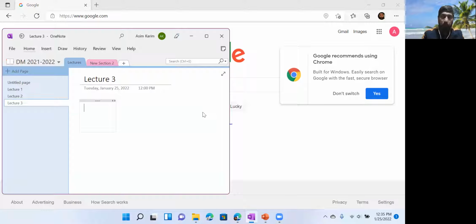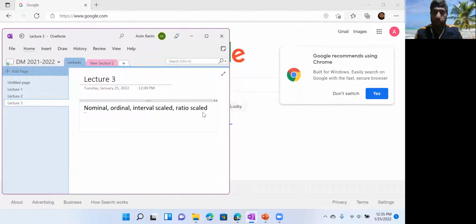The most common categorization of attribute types is nominal, ordinal, interval scale, and ratio scale. So why do we want to categorize attributes?